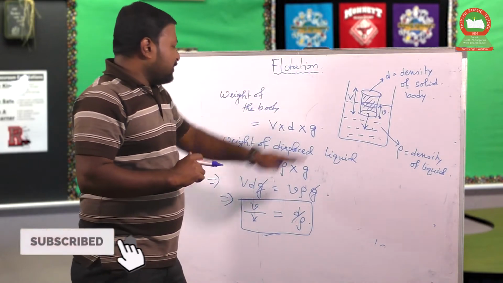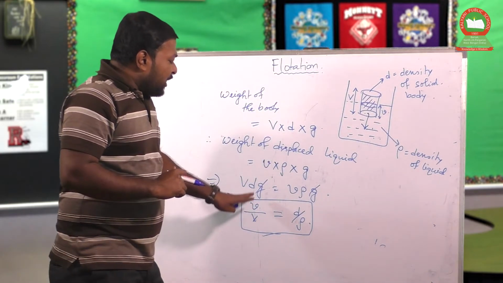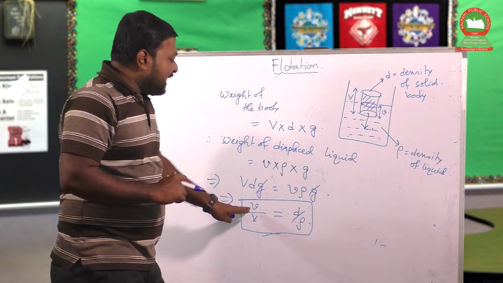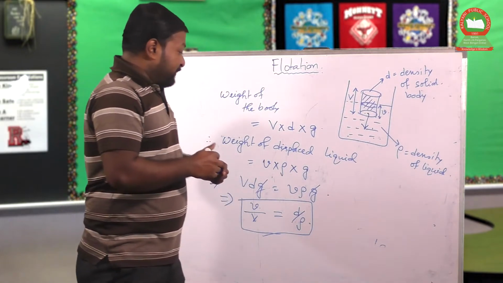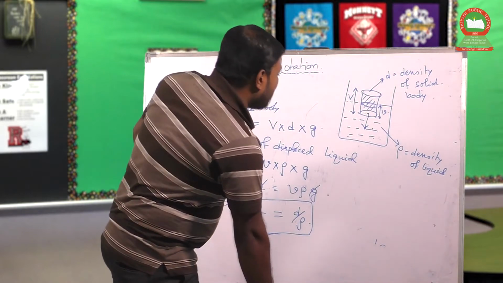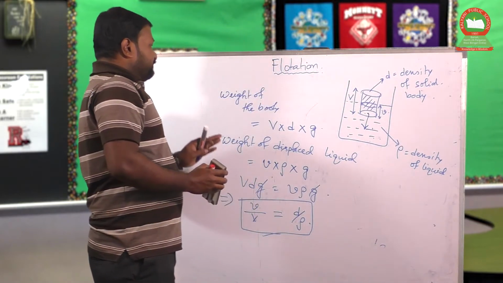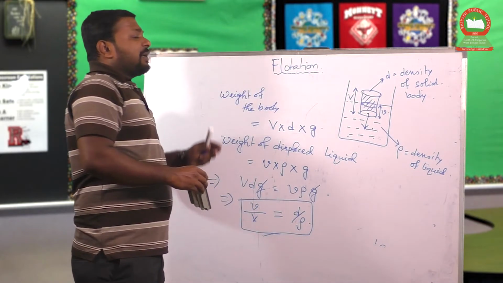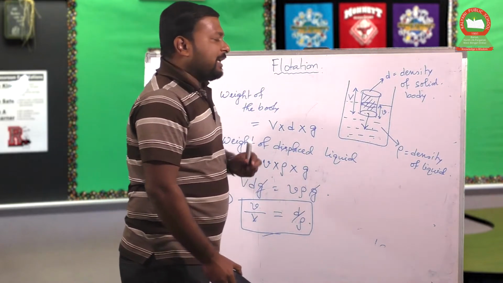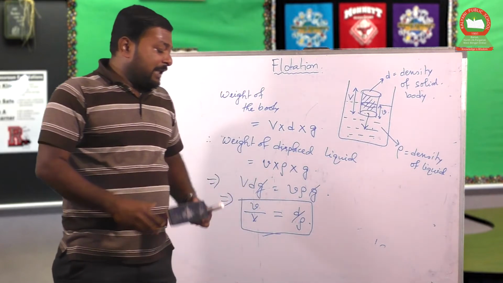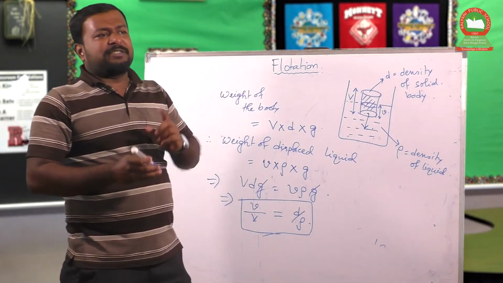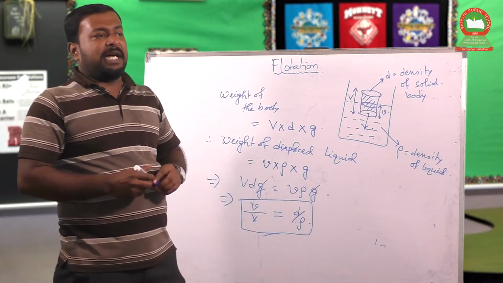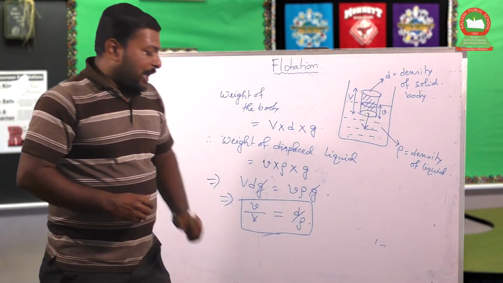That's why they are not equal. So this is the ratio of the volume submerged in the liquid to the original volume of the body. And from that, Archimedes' law states that whenever a body is partially or fully submerged in a liquid, the liquid displaced has its own weight, and that weight should be equal to the weight of the total body.